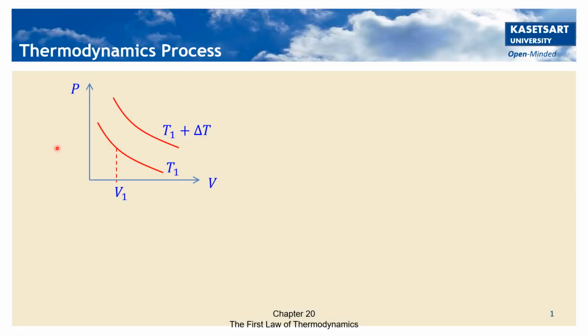So for the thermodynamic process, we can consider from the PV diagram. We have 4 types of thermodynamic process. The first is isovolumetric, or constant volume.